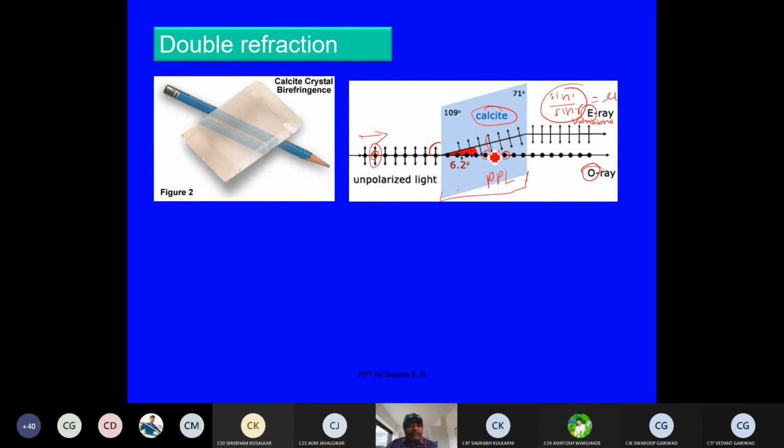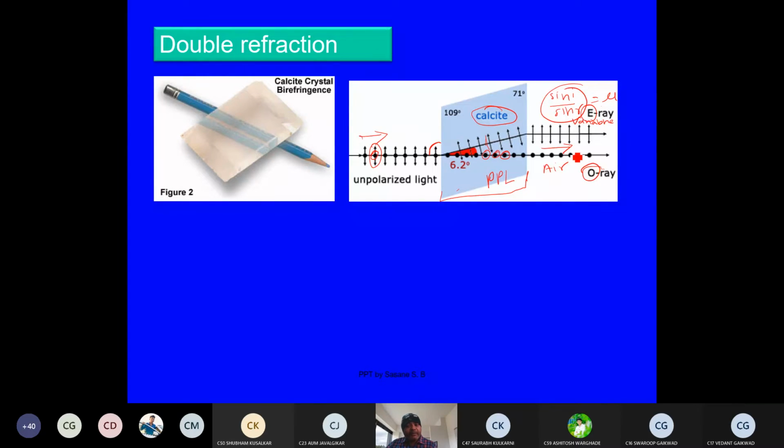I repeat, in the crystal, both E ray and O ray have different direction and different speed. But as soon as they come out of the crystal and enter the air or other normal medium, you will find that both the rays have the same direction of propagation and the same speed of propagation.